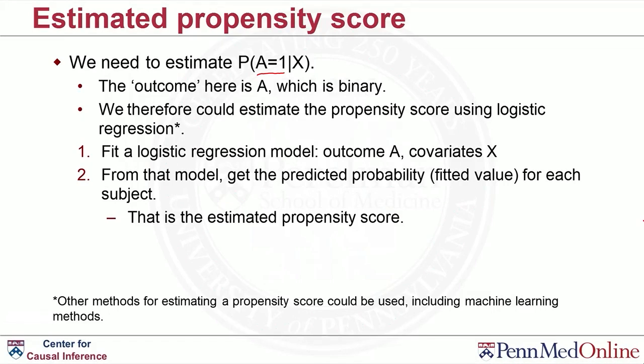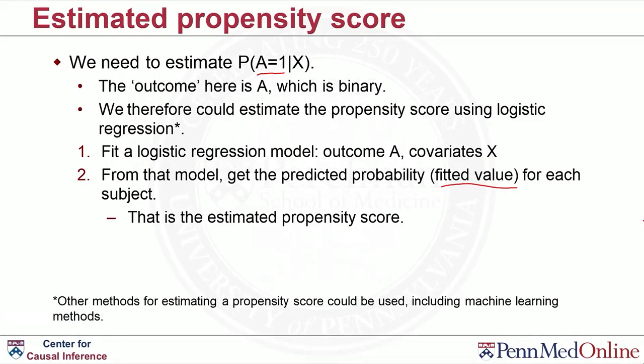So let's imagine we're going to use logistic regression. We have outcome A, covariates X. We'll just fit that model using standard logistic regression methods. But the difference between the usual kind of logistic regression approach and what we're doing here is that our interest is not in the coefficients of the X's, but in actually getting a predicted probability. So our second step after we fit the model is to actually get predicted probabilities, or fitted values, for each subject.